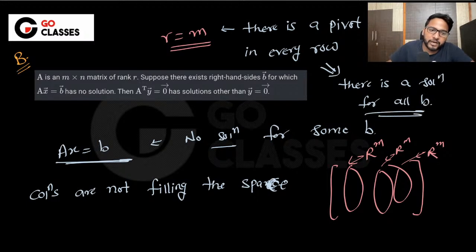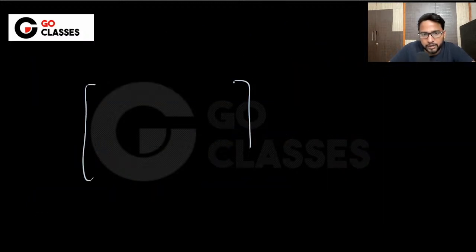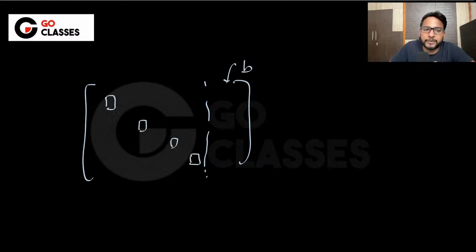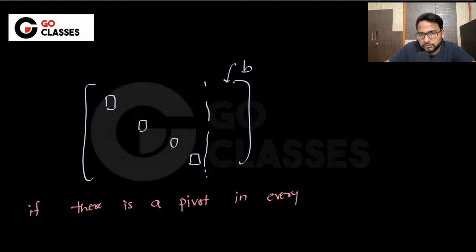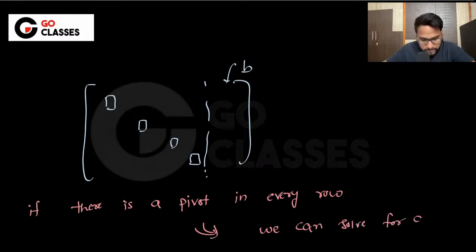Right? See, if you are having a matrix, let's suppose this is the augmented matrix, you write your B here. If you are having a pivot in every row, then can't you solve for any B? Can't you solve for any B? If there is a pivot in every row, then we can solve for any b.